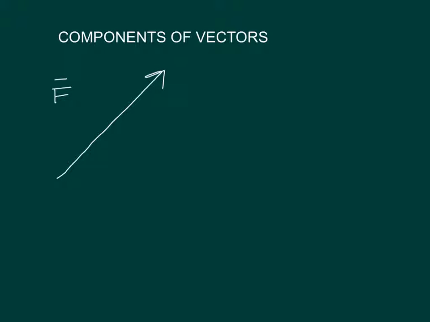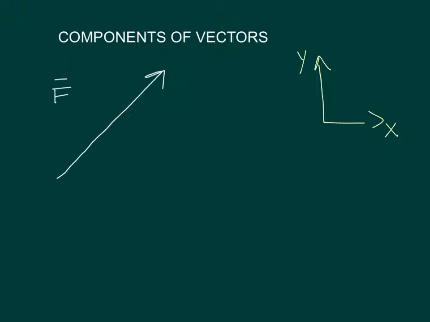This is a quick note on how to deal with vectors, namely forces, that are not pointing directly towards x or y direction. So we choose normally the x and y directions like that, like in maths.